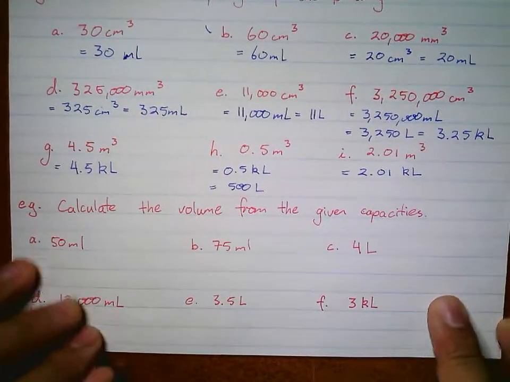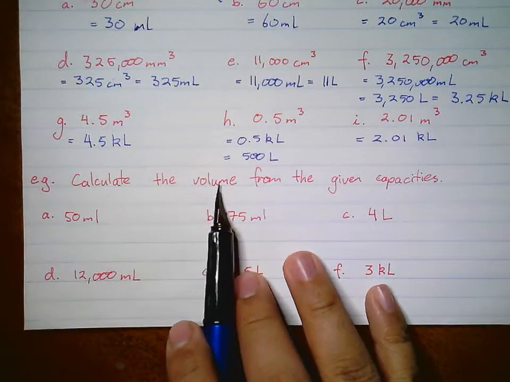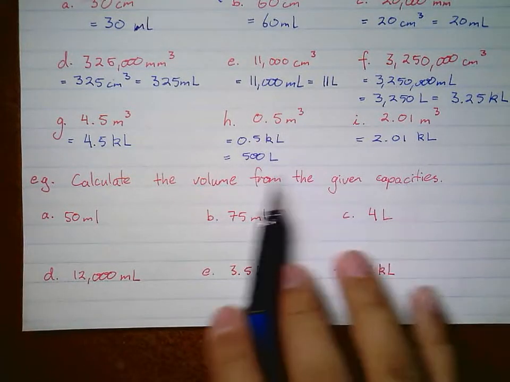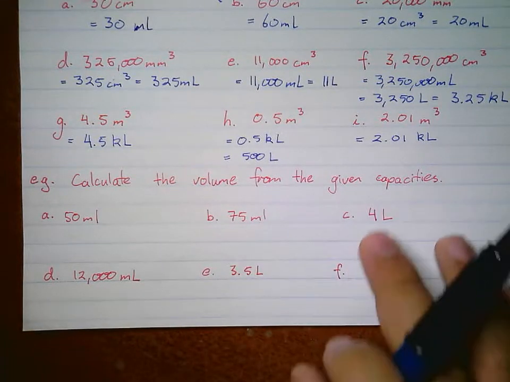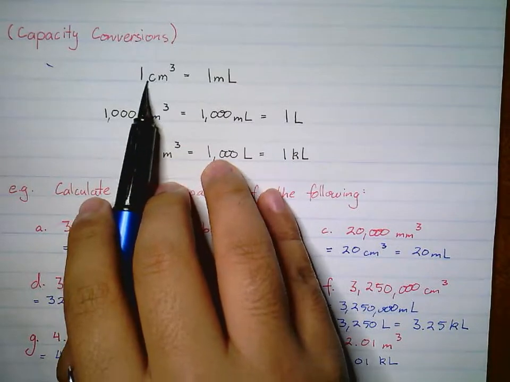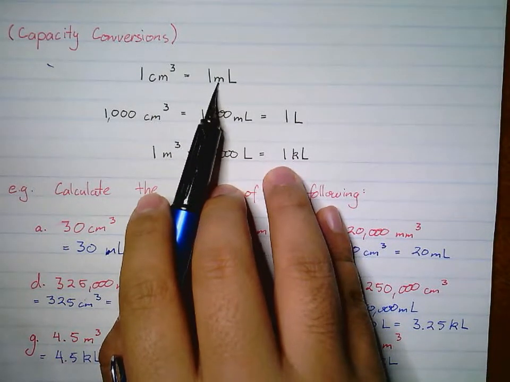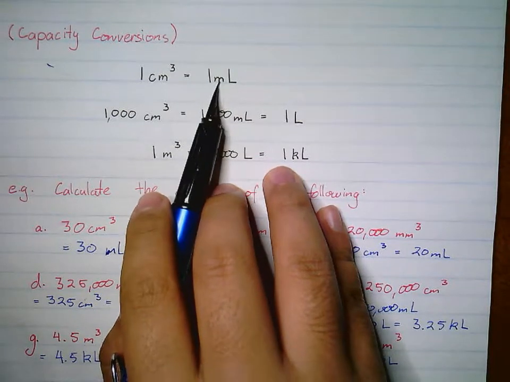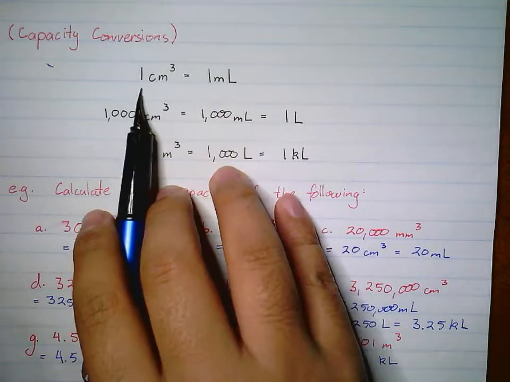Continuing on. Now, in these sets of questions, we want to go from capacity to volume. So calculate the volume from the given capacities. Well, since we know that centimeter cubes is milliliter cubes, we can go from milliliters to centimeter cubed.